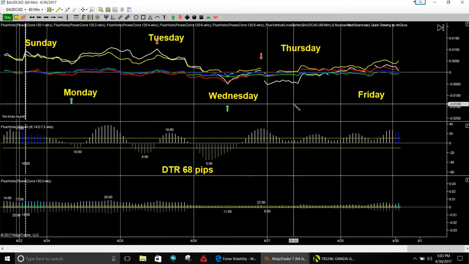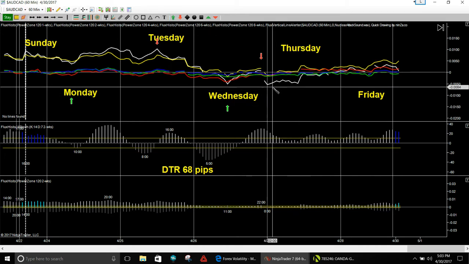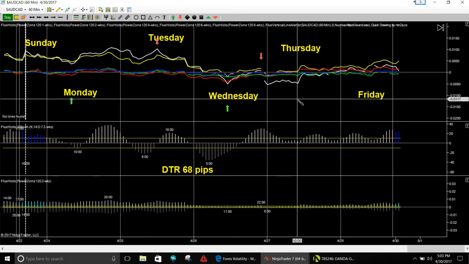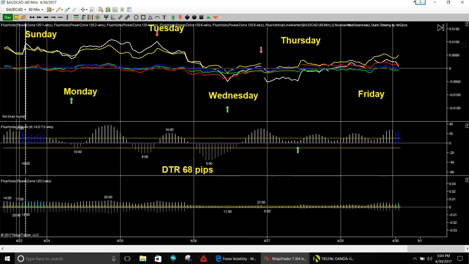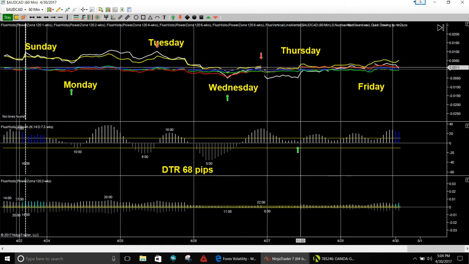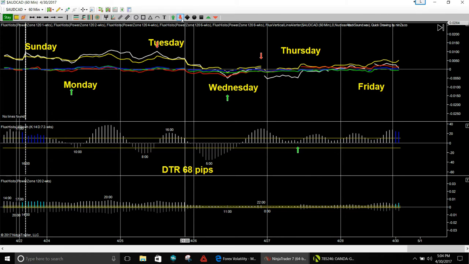And it looks like it's going to try to make a very short move up at 10 a.m. on Thursday. And it looks like sideways from there on out.